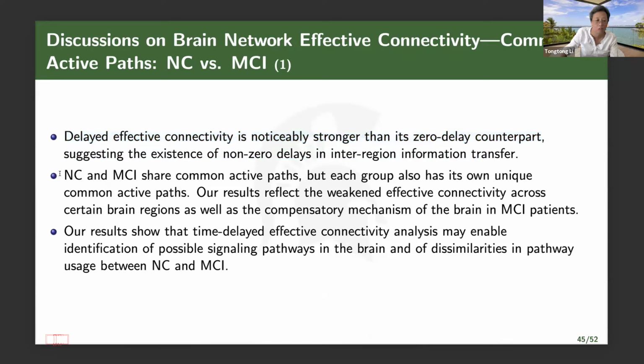And this just summarizes what I said earlier. The normal cognition people and MCI people share a common active path, but each group also had its own common active paths. And both groups are more active in the go and no-go periods.